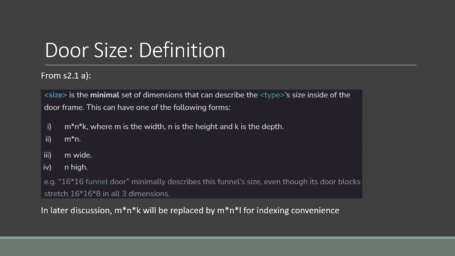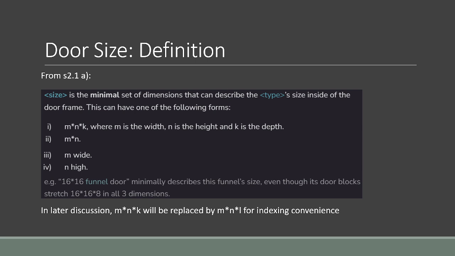Because 16 by 16 by 8, the depth of the funnel pattern, is 8 blocks. But by saying 16 by 16, you already know the depth of the funnel door is 8 blocks. So you don't need to describe the depth, and nobody says 16 by 16 by 8 funnel door. That's weird. So we try to minimalize how we describe doors, and we use these four forms to describe them.